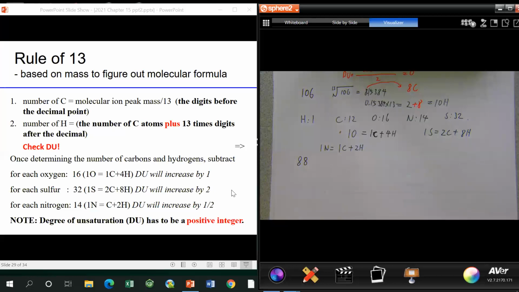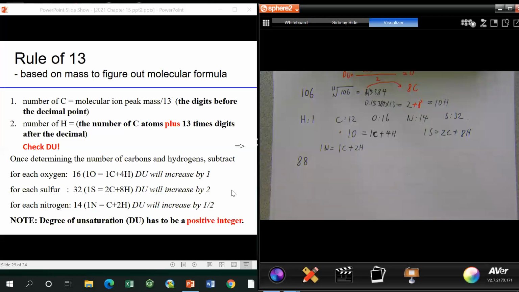Can anyone tell me how many hydrogen? C6H16, that's right. What's the DO number? There's no oxygen so far.